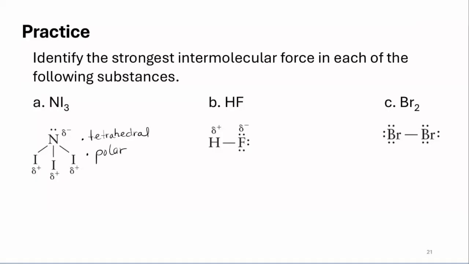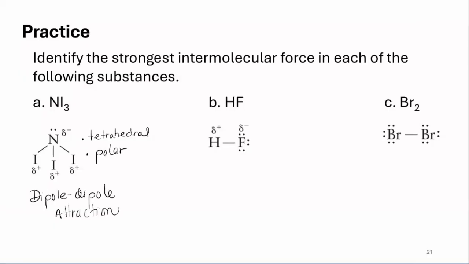When you have a polar molecule interacting with itself, our options are either hydrogen bonding or dipole-dipole attractions. Since this molecule does not have any hydrogens, the strongest attractive force present is dipole-dipole attraction. Next, in letter B, we have HF.